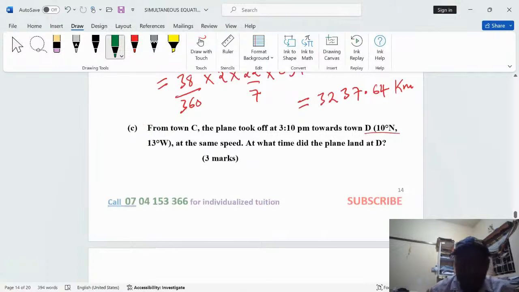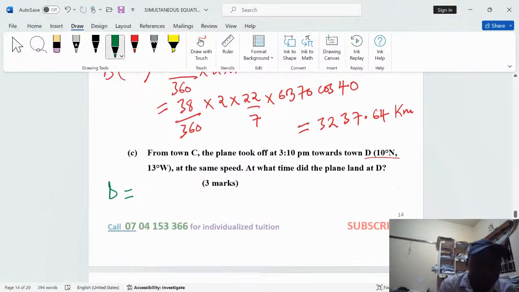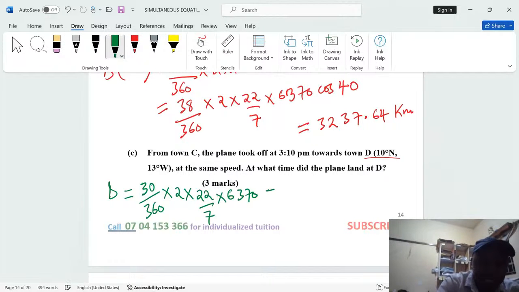Therefore, first of all, let us get the distance covered. Distance in kilometers along a great circle will be the latitude difference. From 40 down to 10 will be an angle difference of 30, over 360 times 2 times the radius of the earth, 6370.